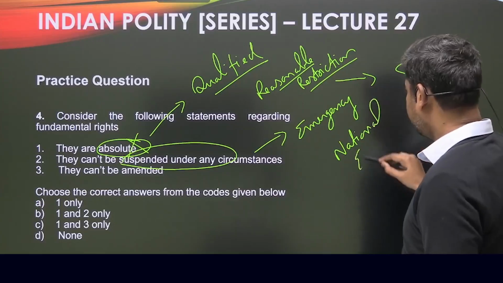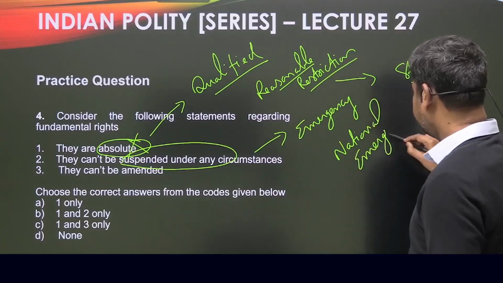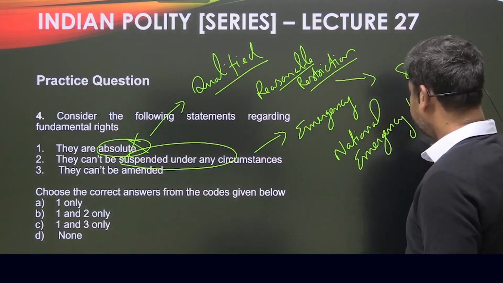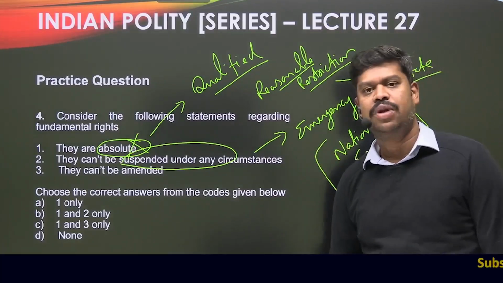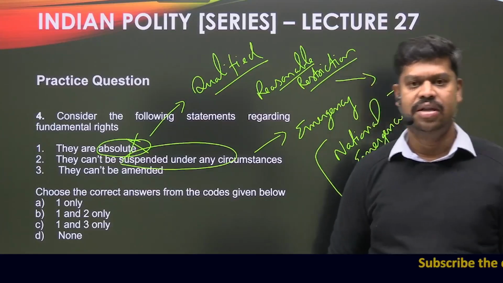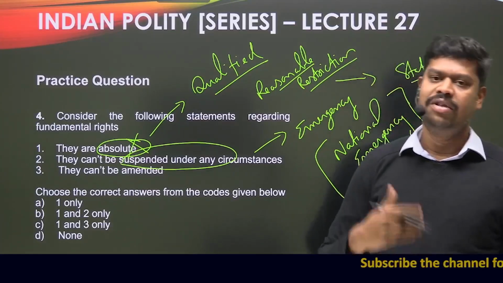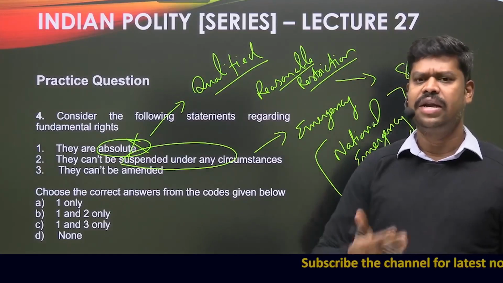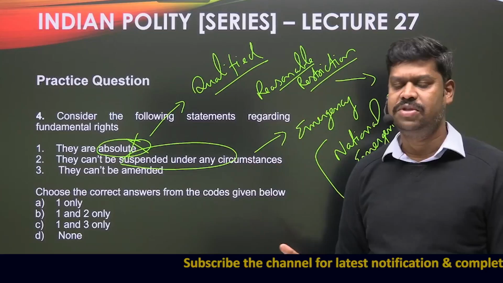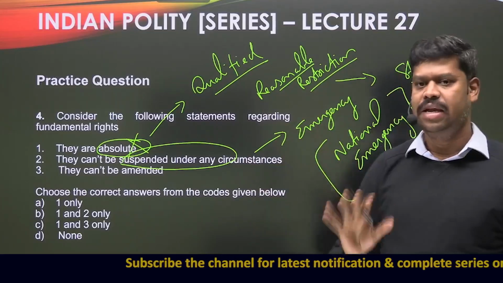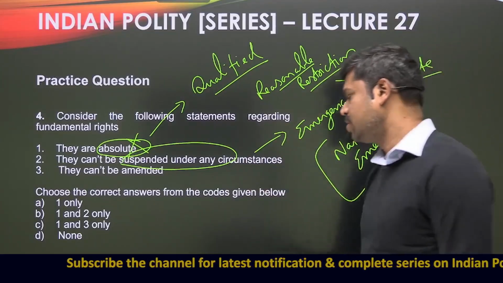This is basically what you'll have to understand. A national emergency can be proclaimed by the President of India under Article 352. Whenever it is proclaimed, certain types of fundamental rights can be suspended, and that's an elaborate provision which we'll subsequently discuss. But yes, they can be suspended during an emergency.